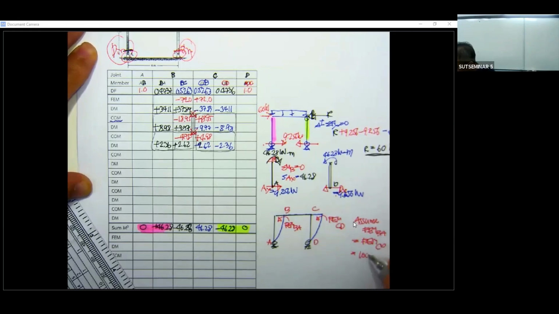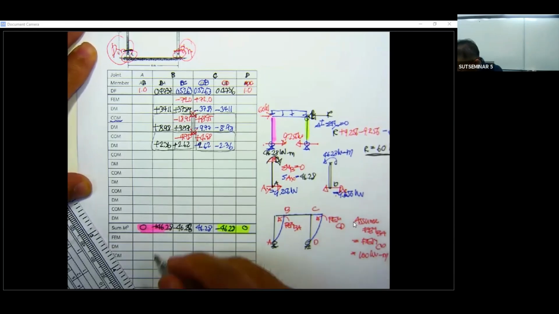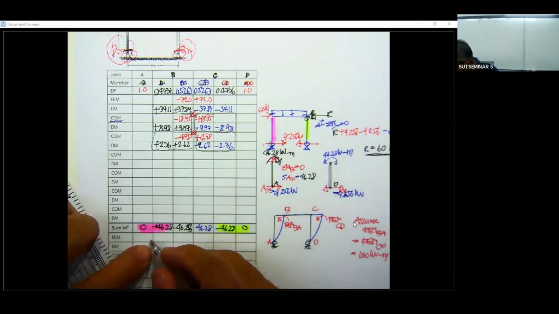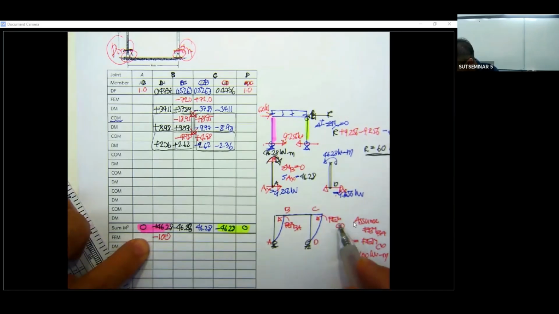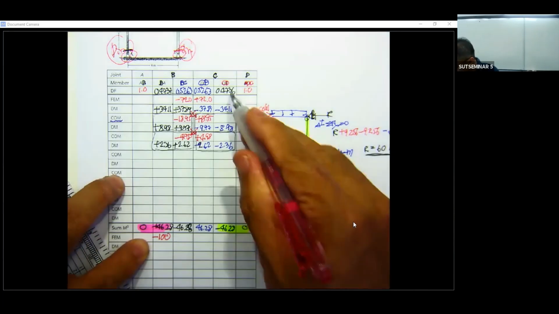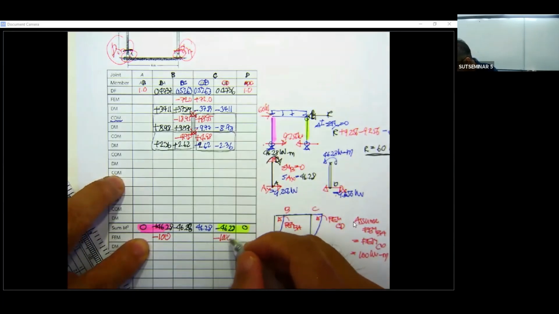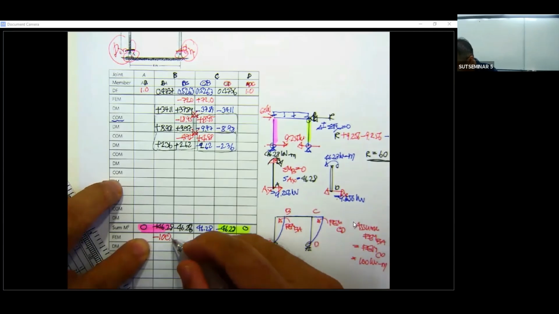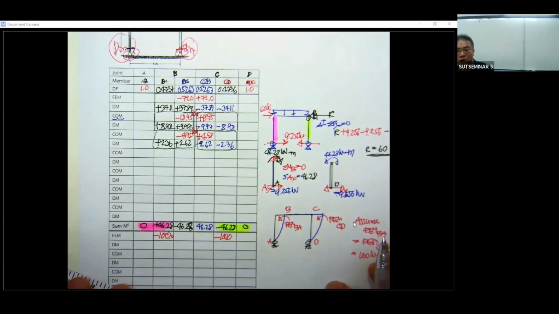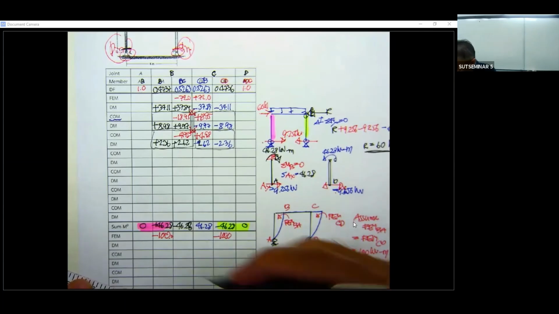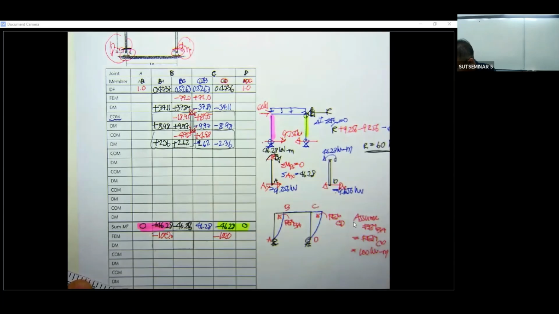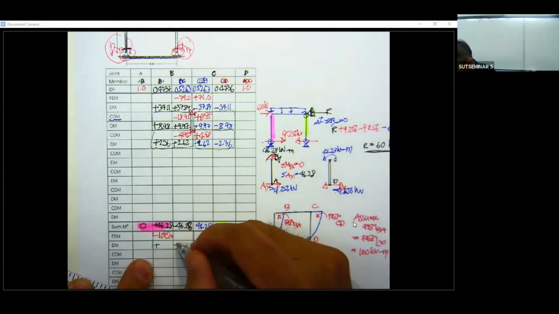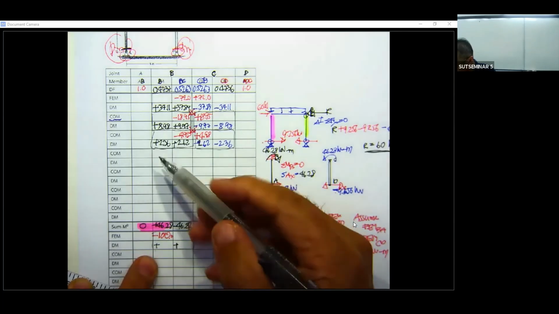So 100 kilonewton meter, and this one is going to be BA minus 100, and another one CD is here minus 100.0, and now you're going to do the same thing over here. There is the unbalanced moment. You are required to have plus 100.